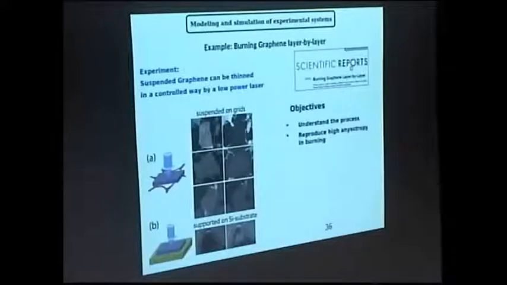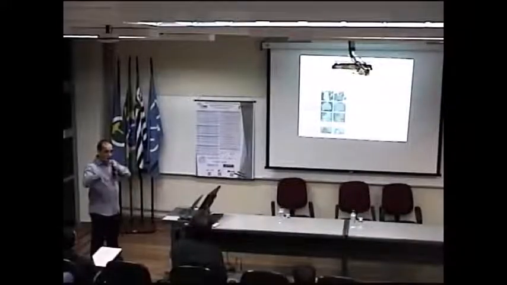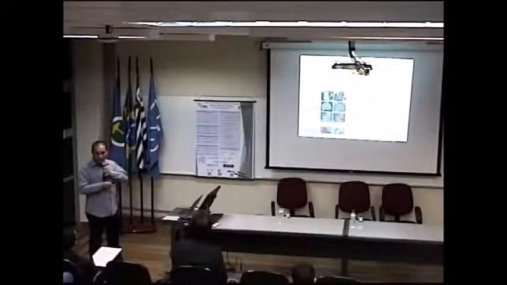Here is one of our nice works with ReaxFF. Professor Moshkalev had this suspended multi-layer graphene, and he was able to burn this graphene layer by layer using lasers. But he didn't have a model to describe why the burning was in the perpendicular direction to the laser beam.